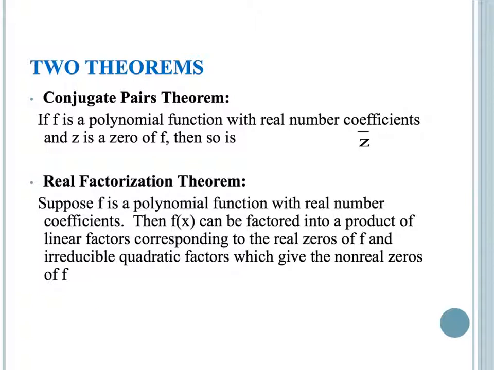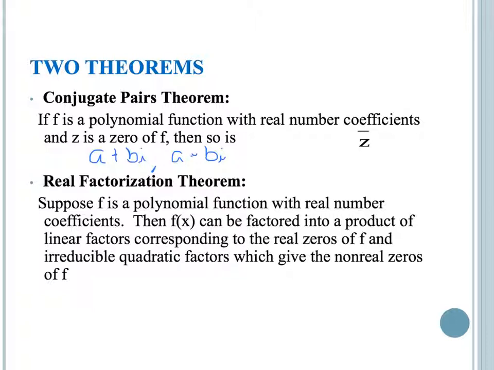Okay, so the two theorems that we have here, the first one is talking about the complex conjugates, so that if you have one zero that has a plus bi, you are guaranteed having a minus bi as the other zero.